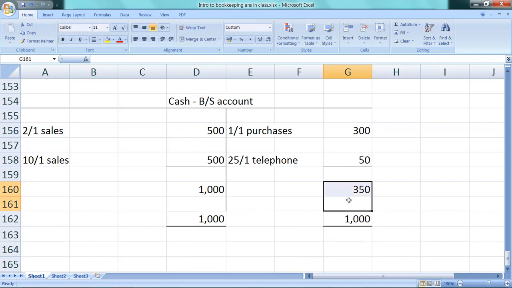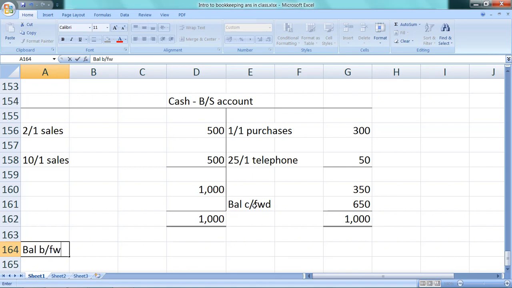Now, 350 doesn't equal 1,000, so there must be an additional adjustment there. So what happens is we have the balance that will be carried forward, and it'll be the difference between 1,000 and the 350, which gives me a 650 balance. That becomes my balance, which will then be brought forward of 650.